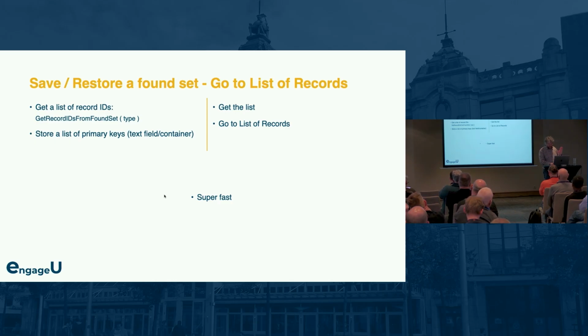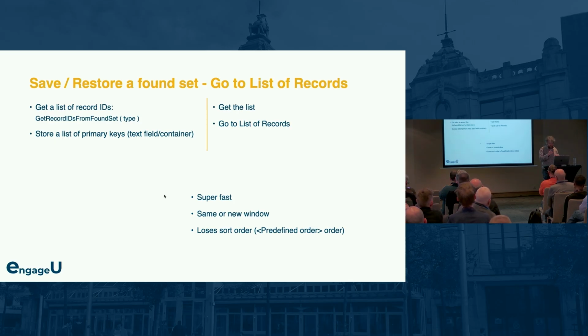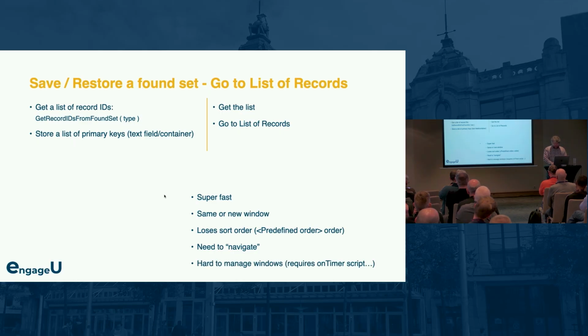Okay, it's super fast. You can decide to go to the same or new window, but you lose the sort order. We'll see that there's something very special, which is called predefined order. And you still need to navigate.